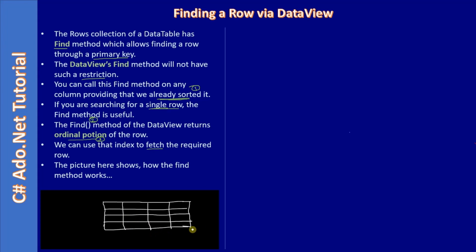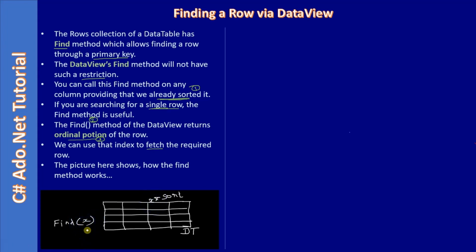So let's say we have a data table. To apply the find method, first you have to sort the column. So let's say I am sorting the third column. Let's say this third column is some country, or country code. And once you sorted that, you can make use of the find method on this column.